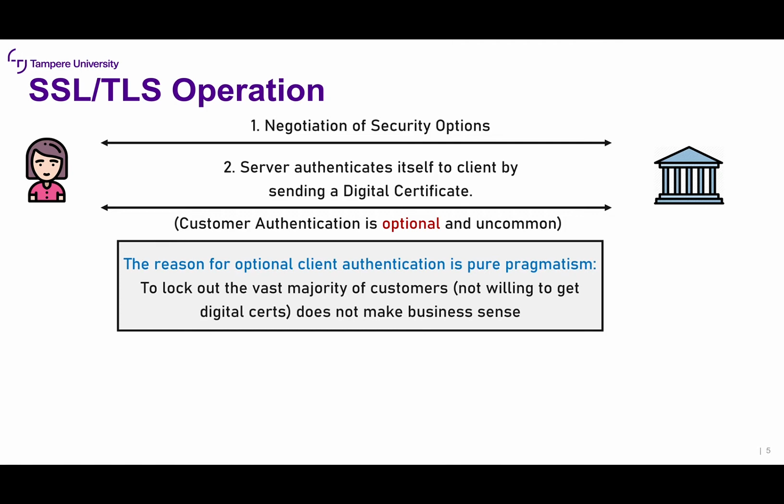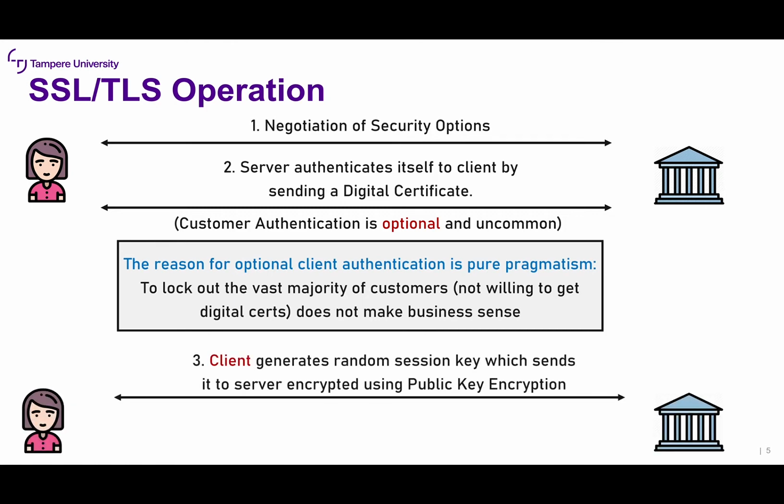Now, imagine that Trent here, like the Amazon server, for example, has already obtained a certificate. Now, what about Alice? Alice can be, for example, a simple user, like my dad. My dad doesn't know what a certificate is, and even if he knew, probably he wouldn't know how to get a certificate and how to use it. So that's what I mean when I say that the reason for optional client authentication is pure pragmatism. Nevertheless, when you buy something on Amazon, you've got another type of authentication through your username and password.